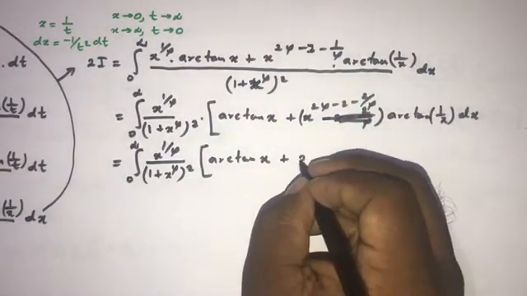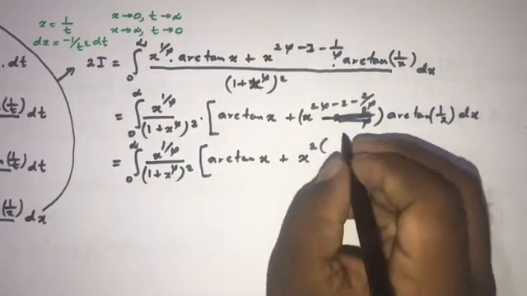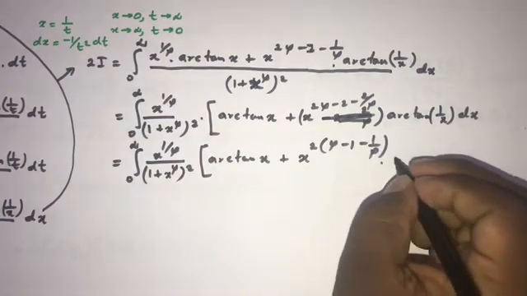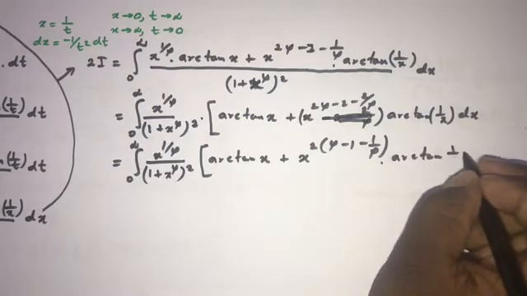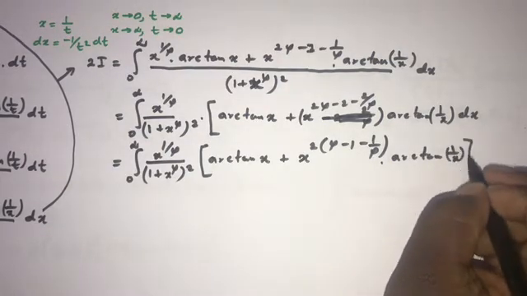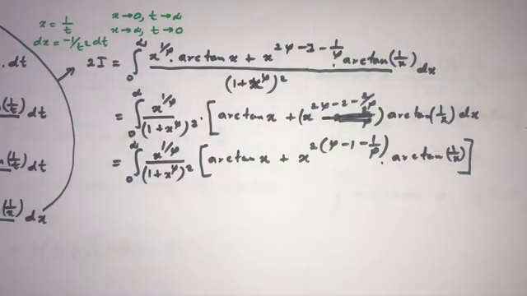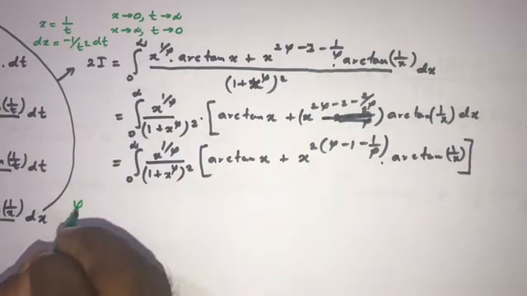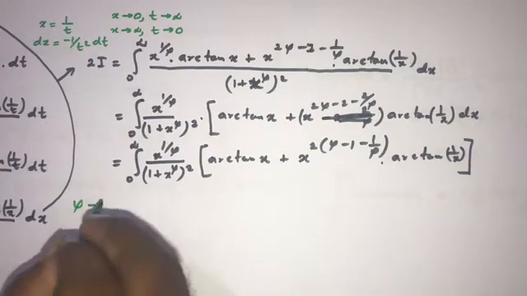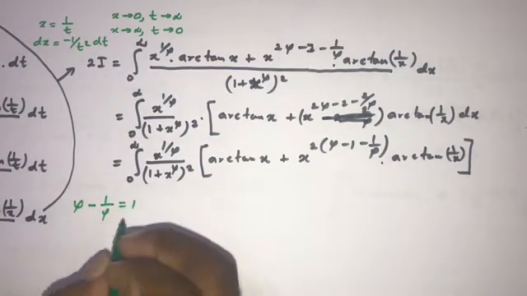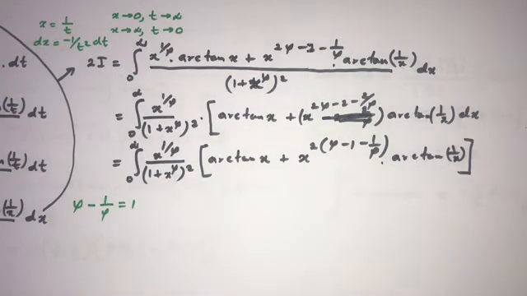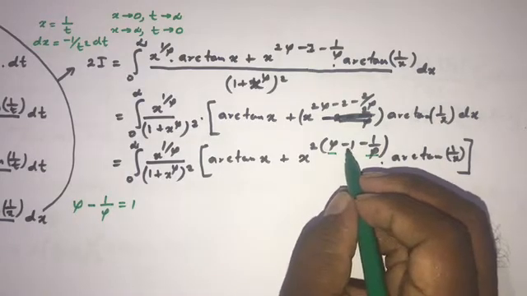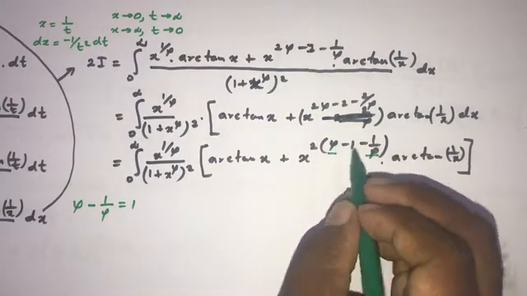Okay, now we can take 2 as a common factor, so 2 times (φ minus 1 over φ) times arctan of 1 over x, and we know the property of the golden ratio: φ minus 1 over φ is equal to 1. Okay, so now this term and this term we know is 1, so 1 minus 1 is 0, x raised to the 0 power, so 1.